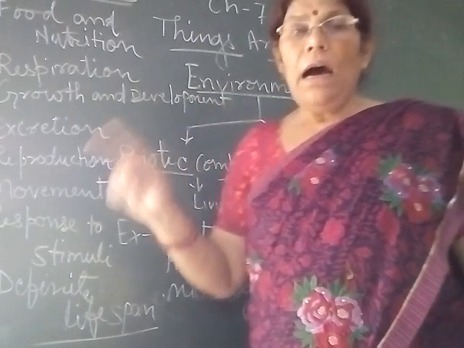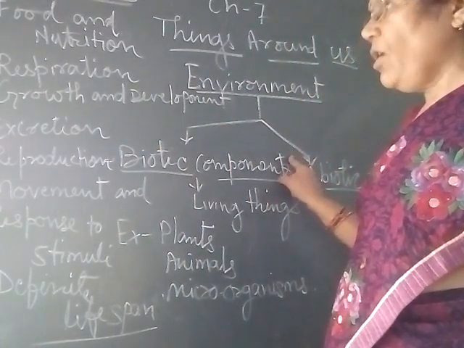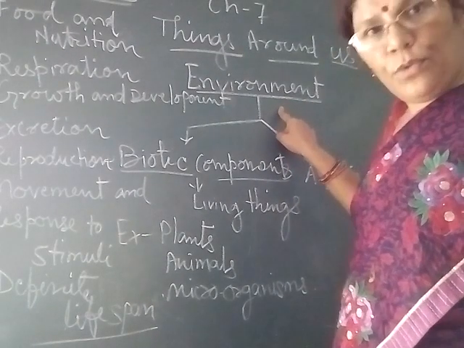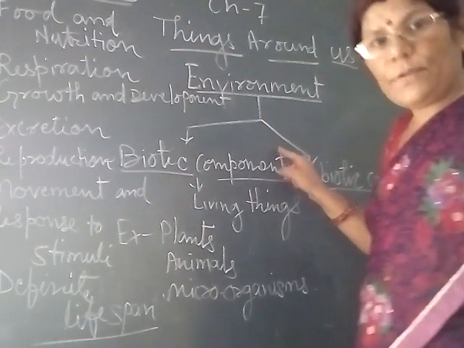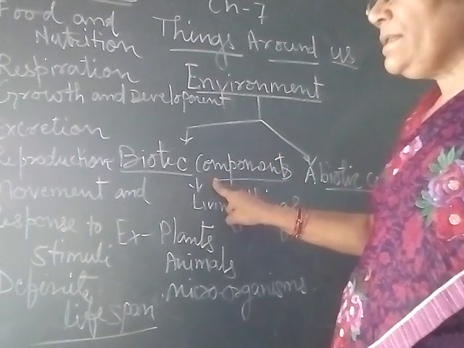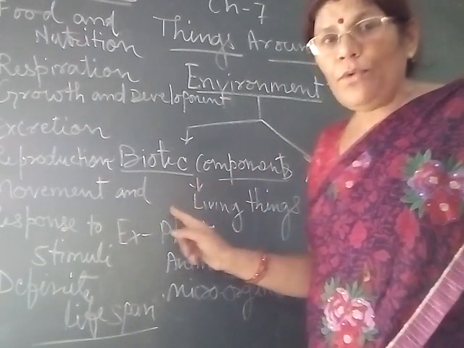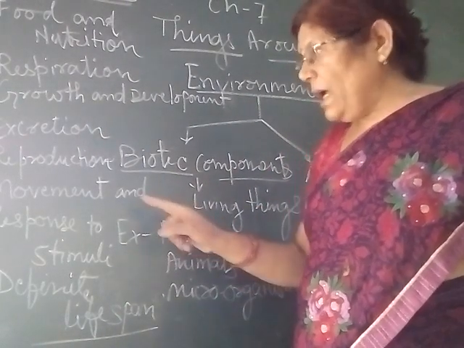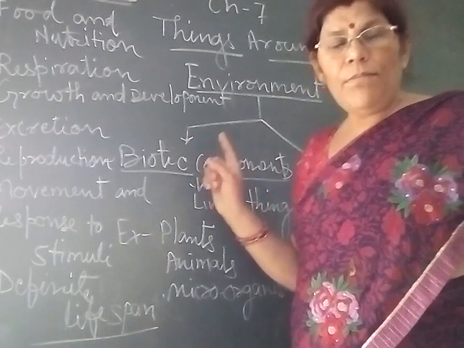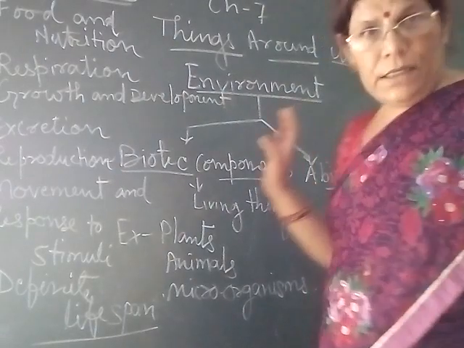That's why our environment is composed of two types of components: living components and non-living components. Living components are known as biotic components and non-living components are known as abiotic components.